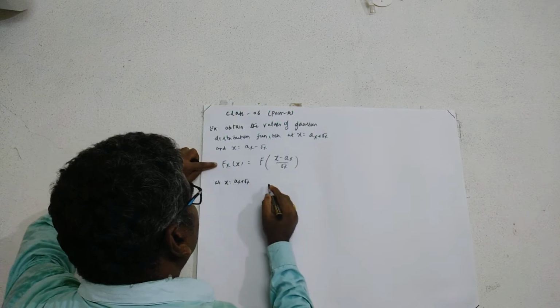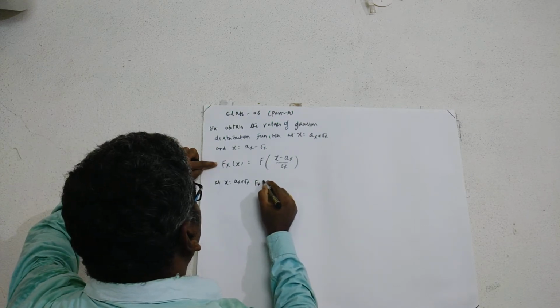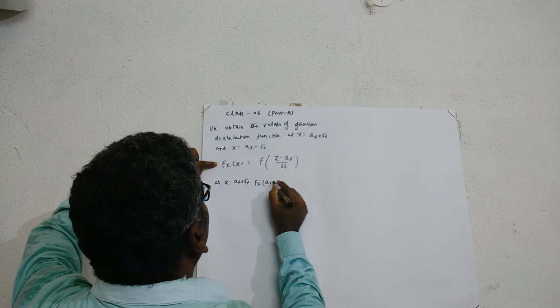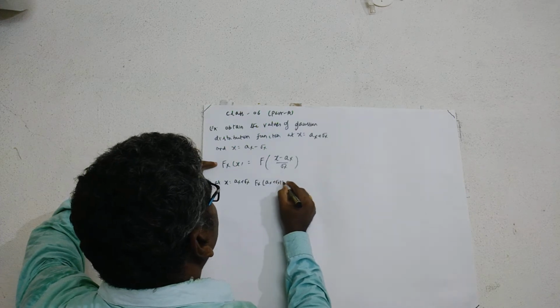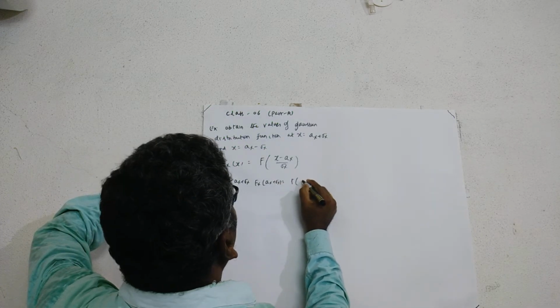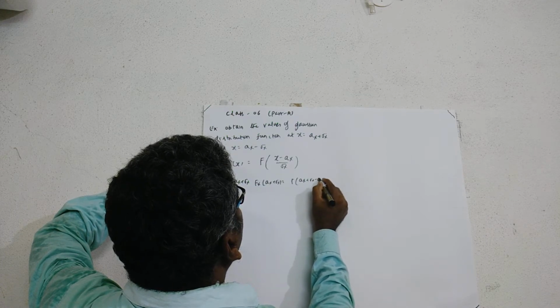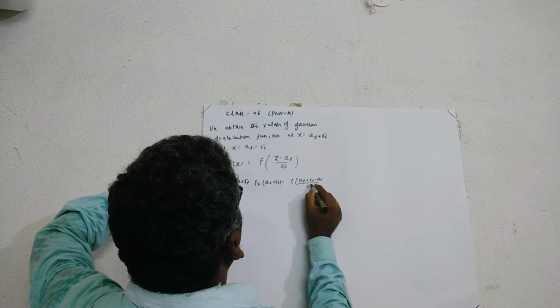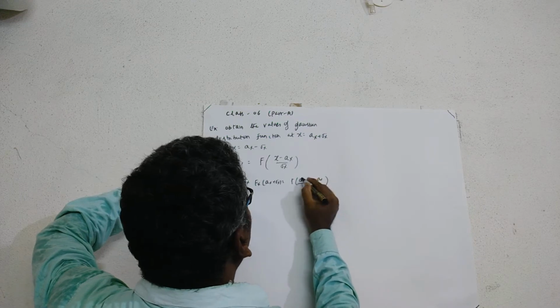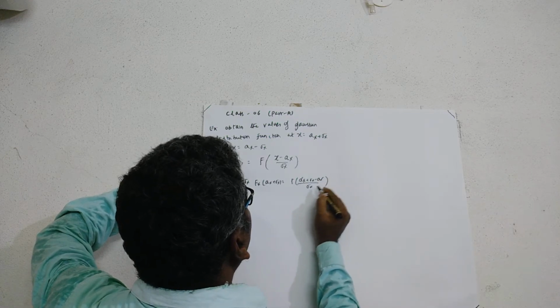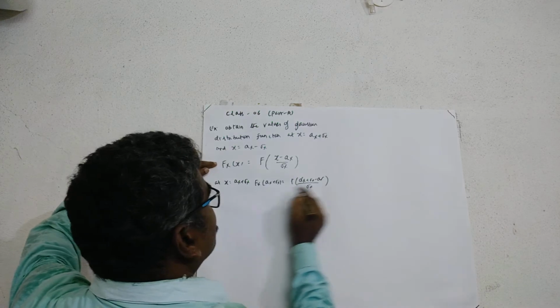What does this equation now become? Fx of (ax plus sigma x) is equal to F of (ax plus sigma x minus ax) by sigma x. Ax gets cancelled, leaving us with F of 1.